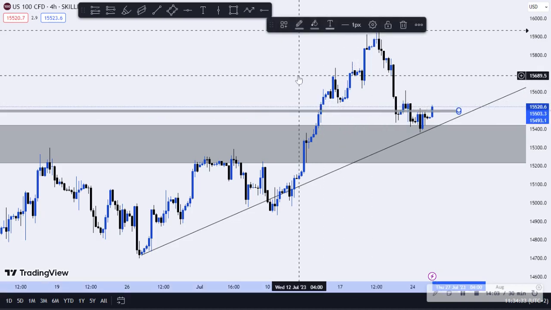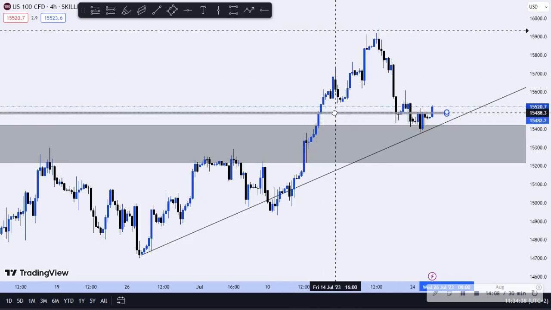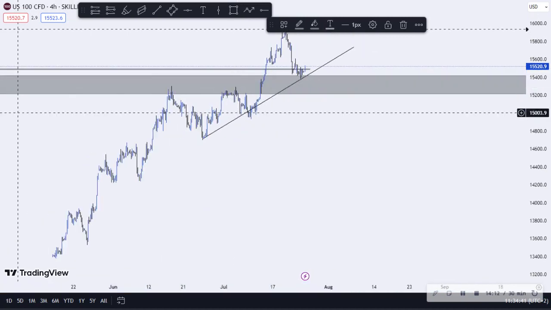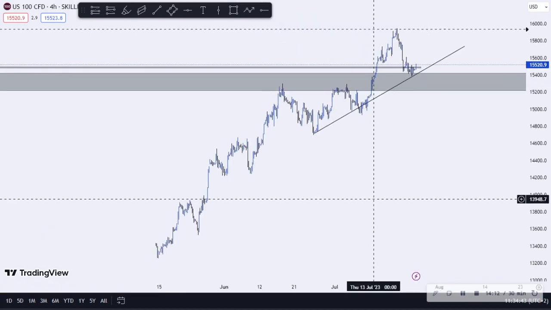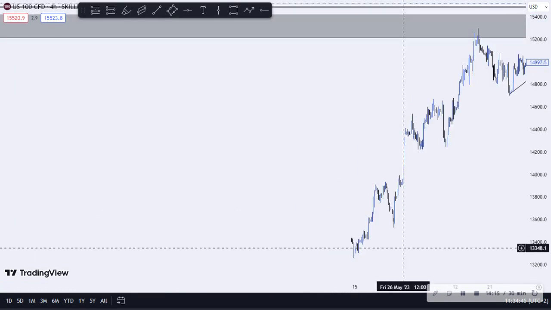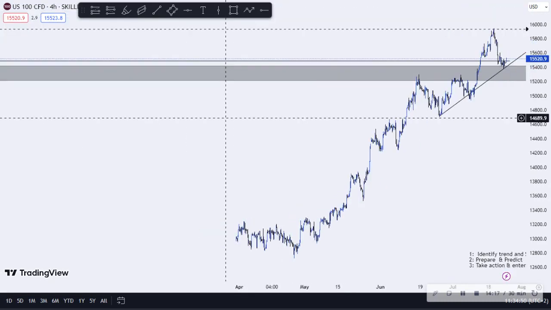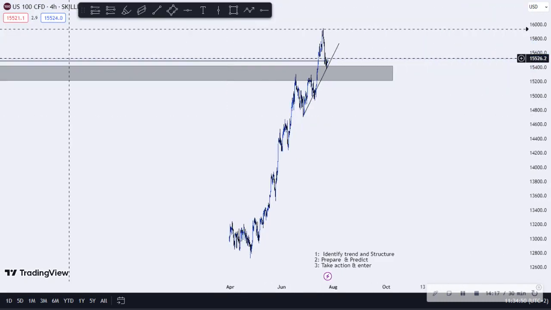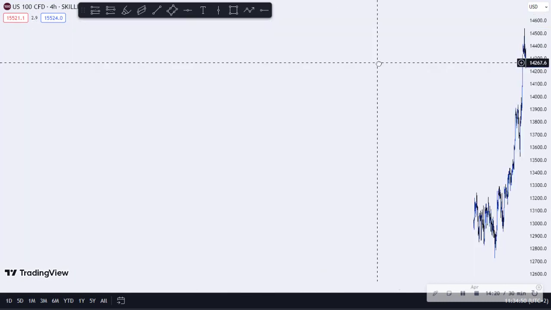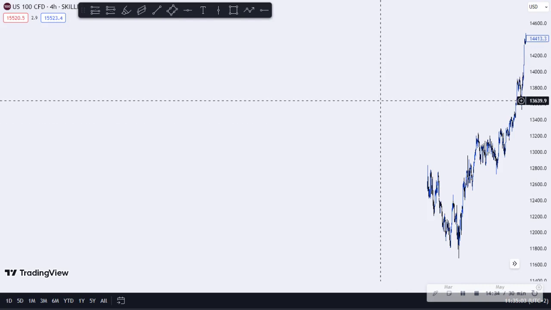But as you can see, as we are at this point here, going further to the back, just to see if this market was tested multiple times. If this market was tested multiple times, guys, that's what we want to see, to confirm that we are on a strong support right now.